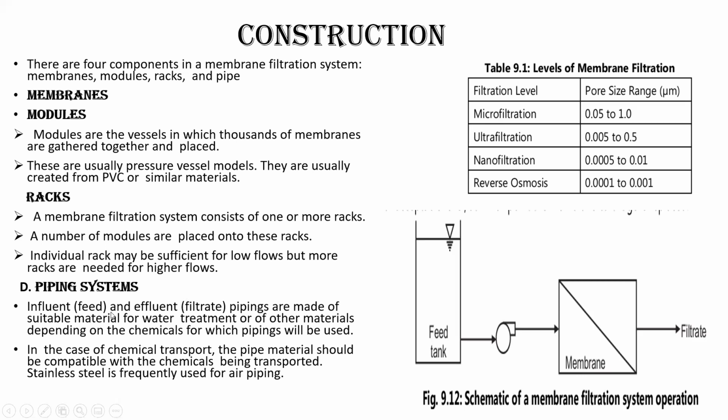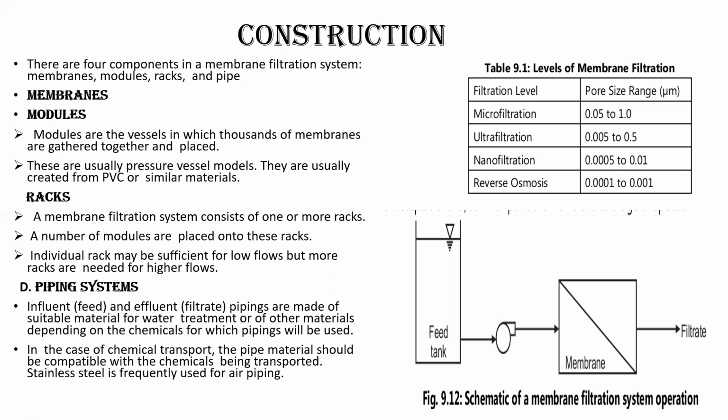Pipings are made of suitable material for water treatment or other material, depending on the chemical for which the piping will be used. So there is a piping system for feeding the slurry and for the effluent or filtrate outlet.